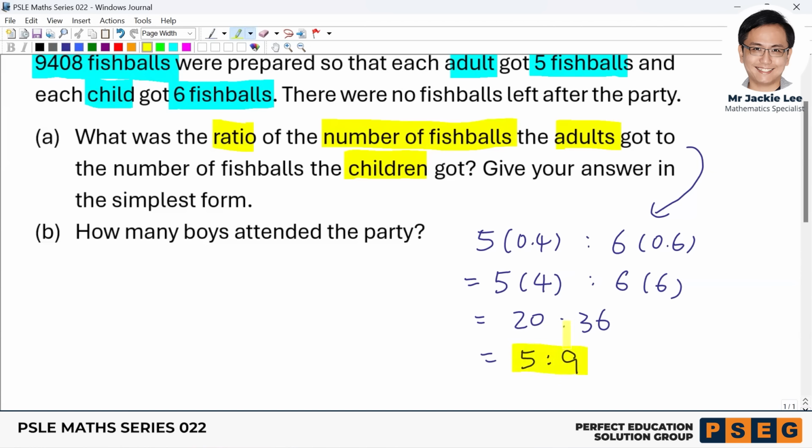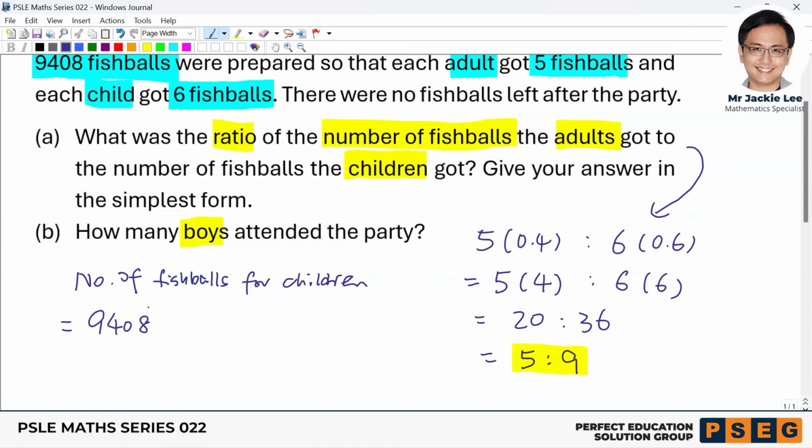Then for part B, how many boys actually attend the party? Based on the ratio from part A, we calculate the number of fishballs given to the children. Because this is now 5 to 9, we use 9408.